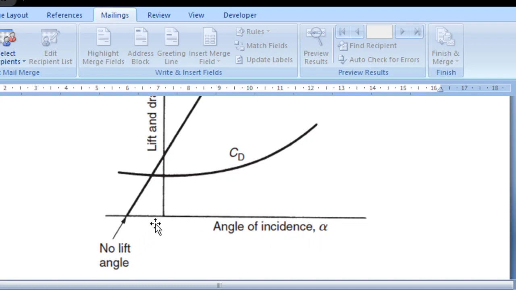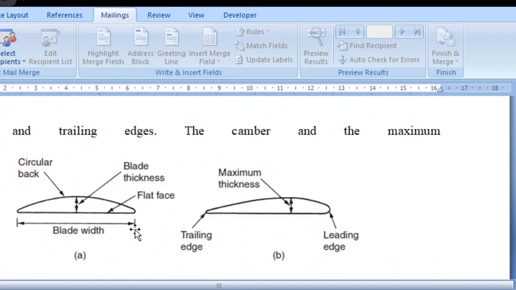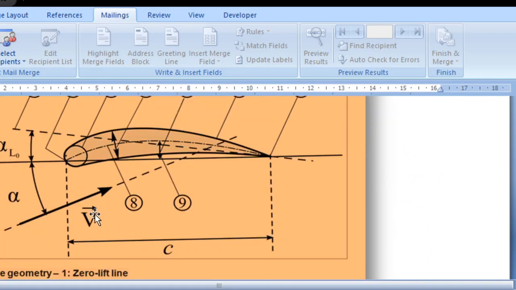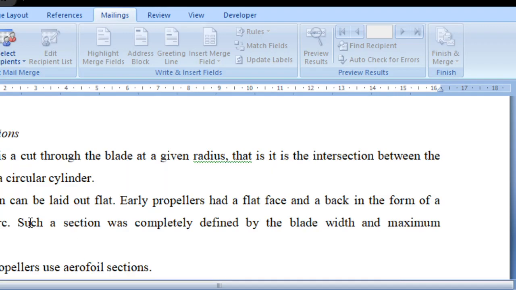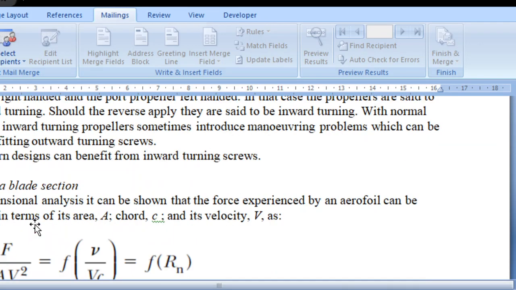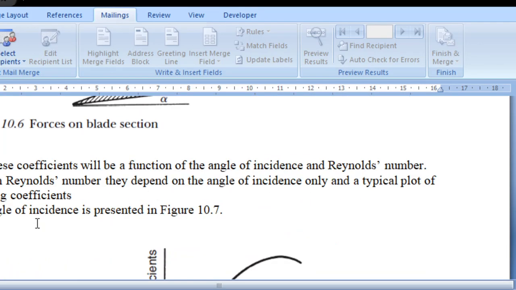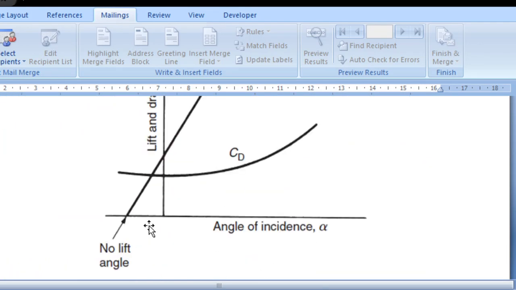So as you have seen in the earlier figure, this is angle of alpha. So when you have the no lift angle, the no lift line, there was a no lift.